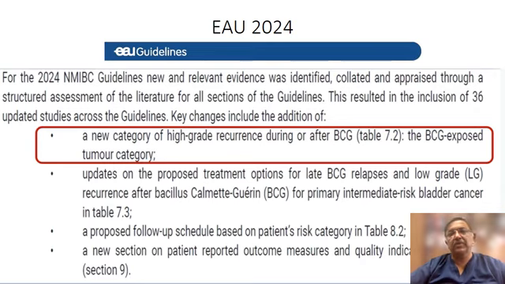BCG exposed patients now form another new group that we need to look into. Table 7.2 describes the BCG exposed tumor category, and there are some other changes as well, which include how to deal with low-grade recurrence in BCG treated patients, and the intermediate risk bladder cancer group and how to treat them. The follow-up strategies have also been looked into and made a little less stringent.